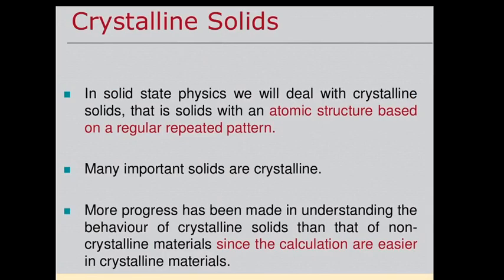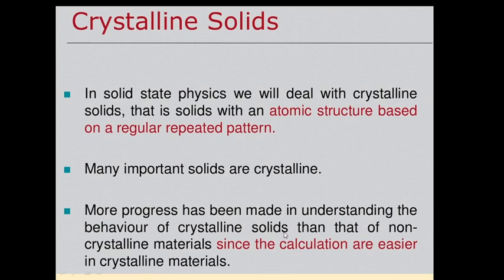Okay, so we have seen the amorphous material, we have discussed the polycrystalline, and now the interesting part of the syllabus, crystalline solids. So what are crystalline solids? In solid state physics, we will deal with crystalline solids, which are solids with an atomic structure based on regular repeated patterns, also known as geometric orientations. Many important solids are crystalline.